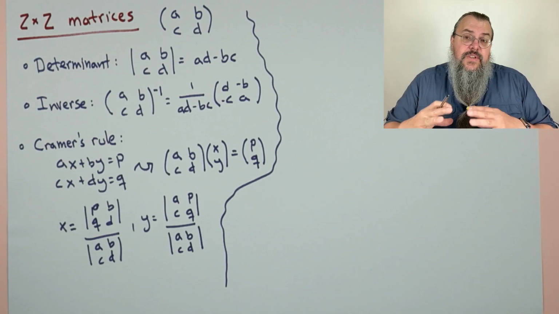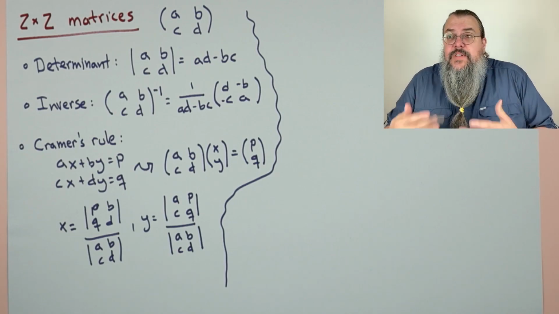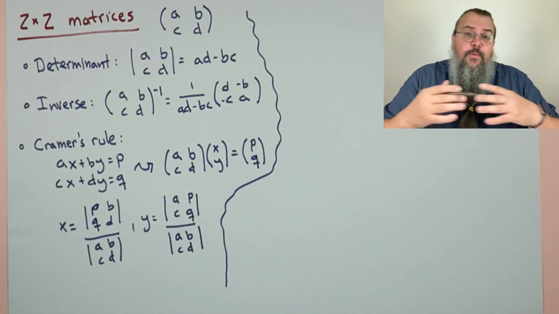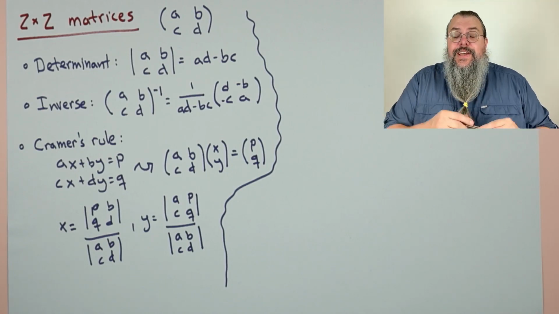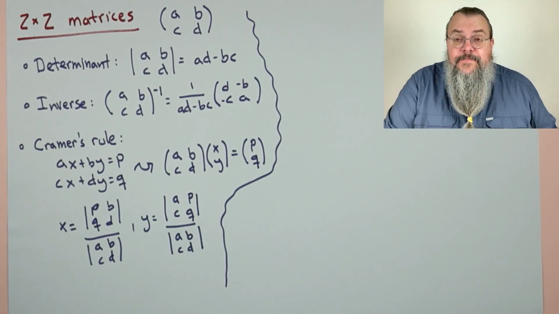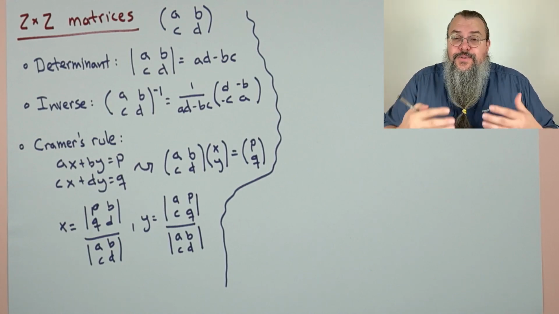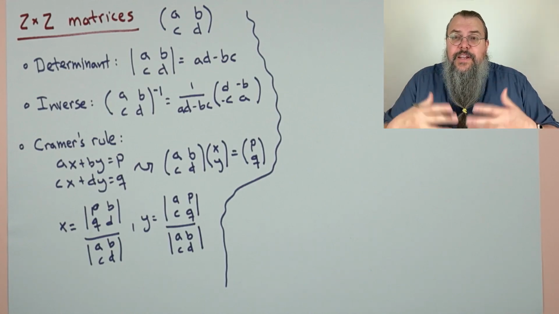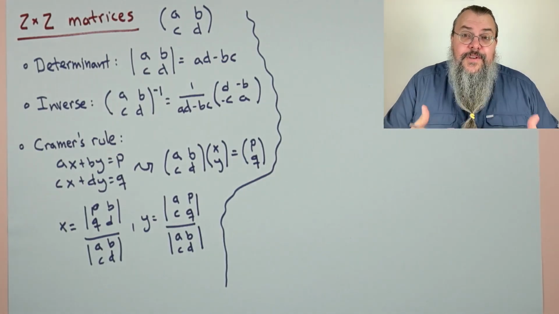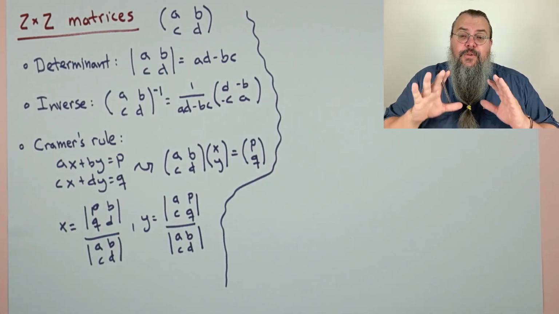In some sense, you could argue that matrices are about a way of writing systems of equations in convenient ways, and in particular in ways that allow us to use tools.